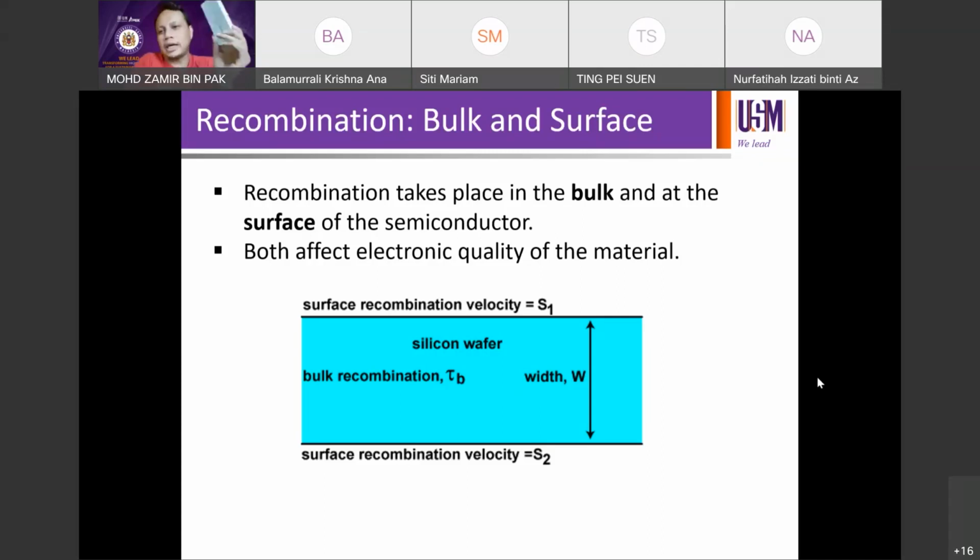If you're working in industry on thin film devices, thin film transistors, thin film solar cells, surface recombination will become dominant in your devices instead of the bulk. The bulk component will be less important. I'm not saying you can compromise lifetime, but the contribution towards the whole recombination process will be lesser from the bulk.